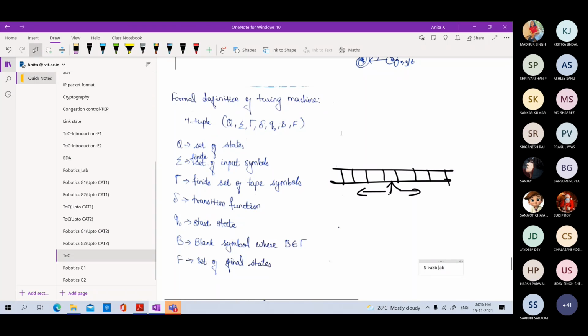But the blank symbol should not be used as an input symbol, or for any other operation. That particular symbol should be used only for representing the blank slot. So this blank symbol belongs to tau, that is, the tape symbols.